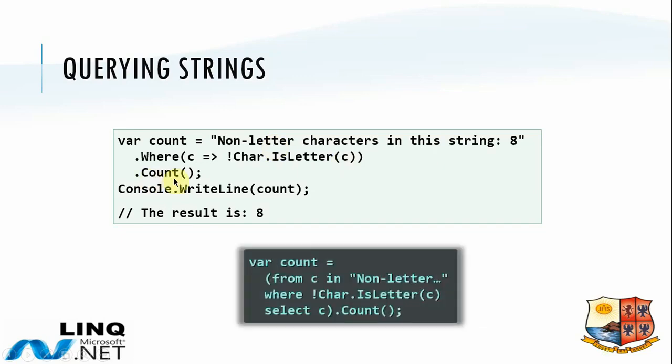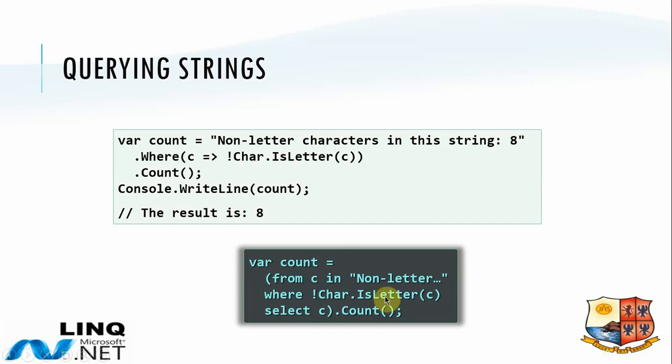How do I write the same thing in query syntax? From c in whatever name you want to write there, where this is a collection, guys. The double quote what you see here is the collection of data, which is nothing but an array, a string being an array of characters, where not char dot is letter c. Please note the exclamation in front just negates whatever is given there.